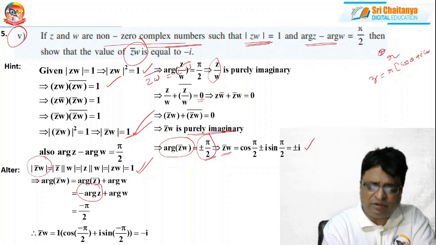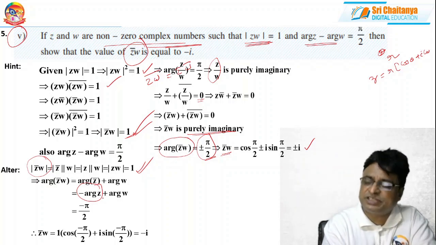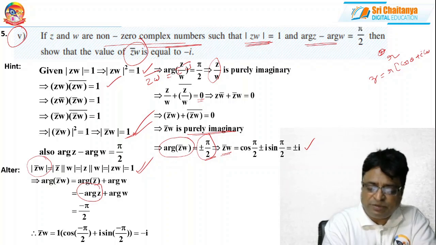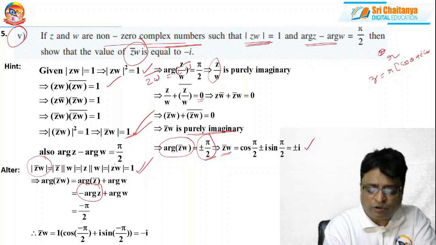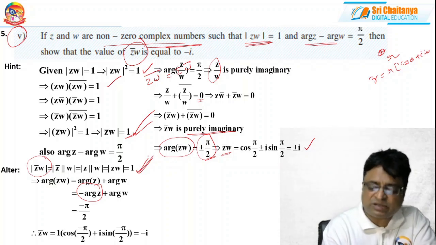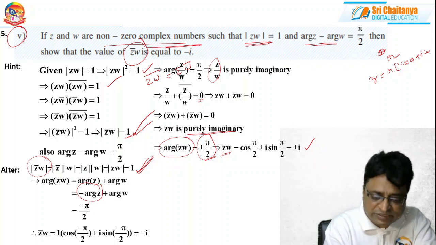But I can write arg Z bar as minus arg Z. This is also a property. So the argument is given as minus pi by 2. So now I got modulus of the complex number as 1 and argument as only minus pi by 2.